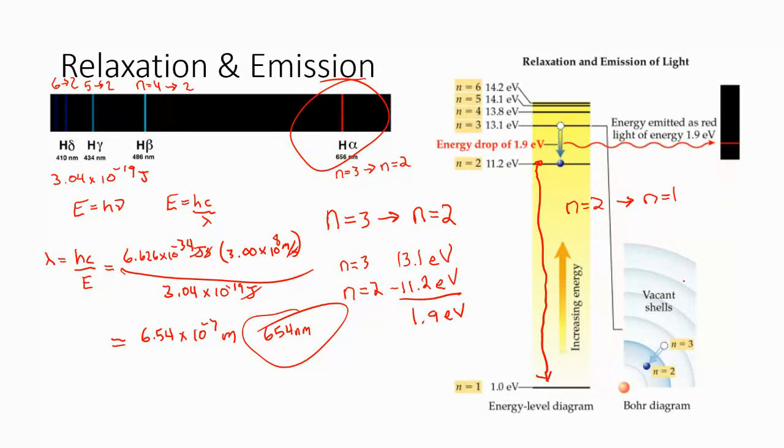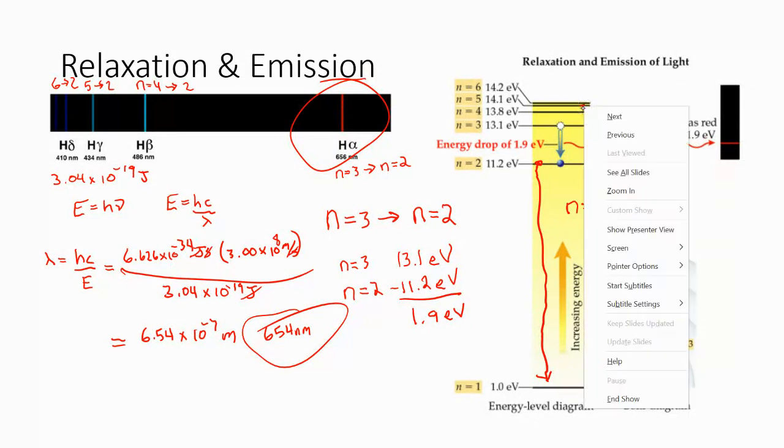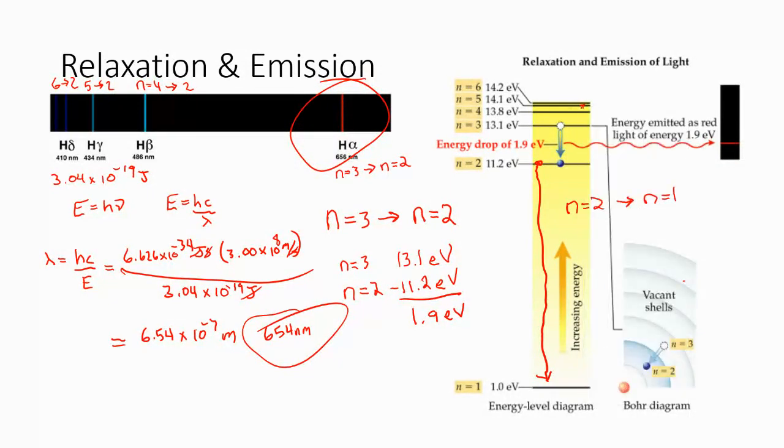So the big jumps all the way down to the ground state are more likely to represent ultraviolet jumps, whereas you could even have low energy jumps like n equals 5 to n equals 4, which we also can't see, which might be represented by an infrared jump, which is lower in energy than visible light is.